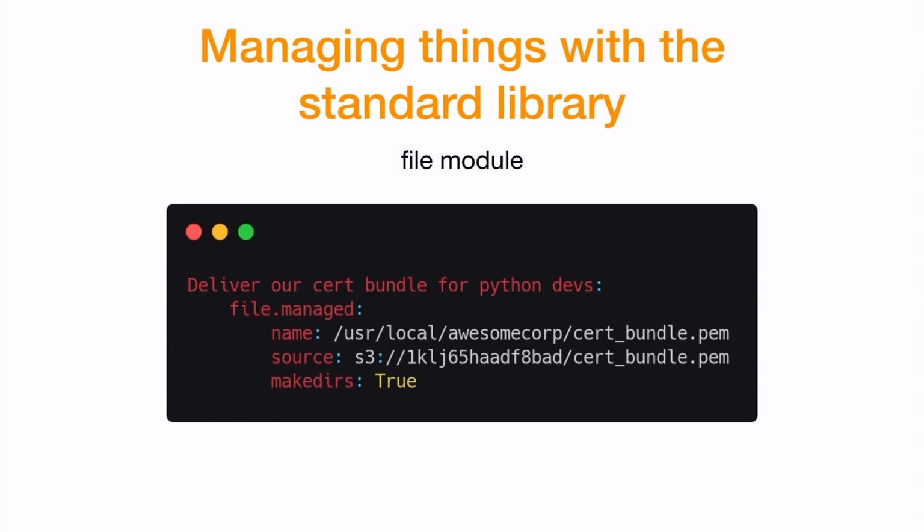They don't have to keep that on file or copy it around into all the repositories. I put it in a standard place for everyone. The interesting thing here is that the cert bundle does not reside in the repository. The state does, but it's going to grab the actual bundle from an S3 bucket and copy it down into place. So with file.managed, we're saying we want this file to always be in this place on the device.